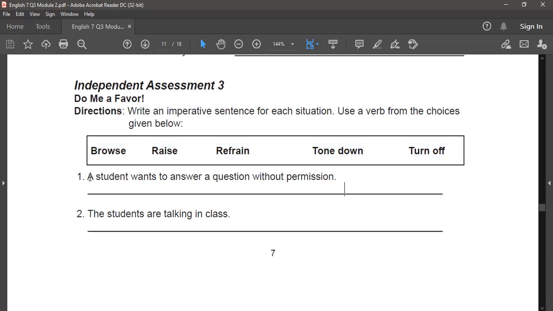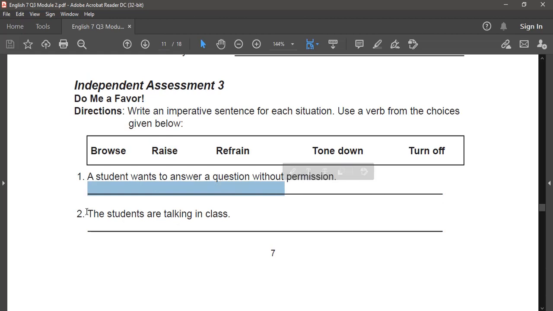For example, the situation is, a student wants to answer a question without permission. What will the teacher do? All you need to do is to choose the correct verb and then use that verb in an imperative sentence. Example, if a student wants to answer a question without permission, the correct imperative sentence is, raise your hand if you want to answer. Ayun, so that is the correct answer.